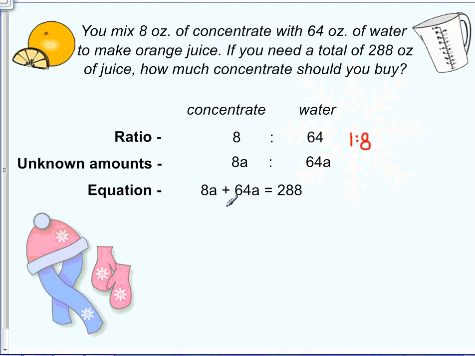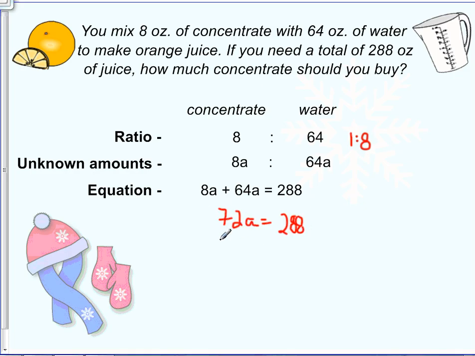So from here we can solve. So 8a plus 64a is 72a. And that equals 288. So after I combine my like terms, now I'm going to solve for a.